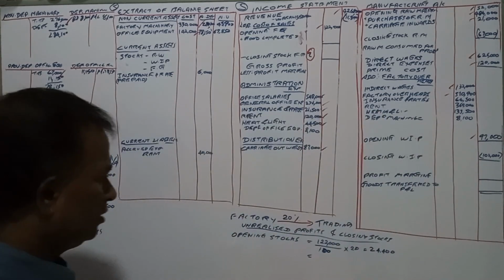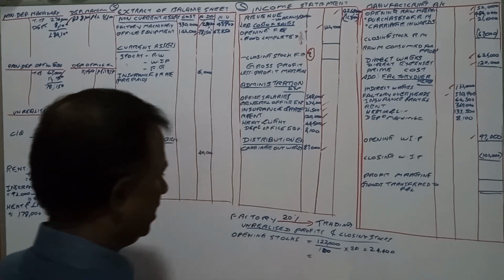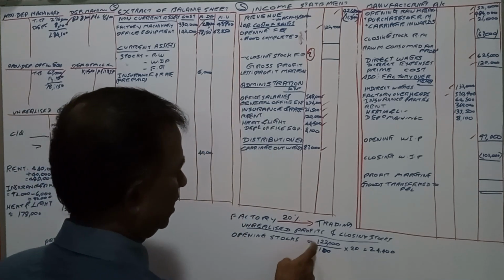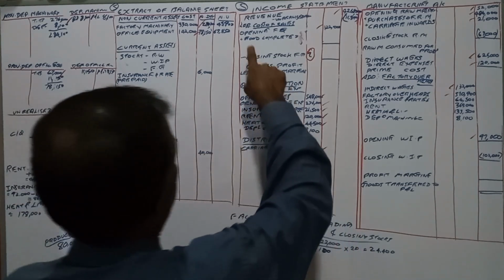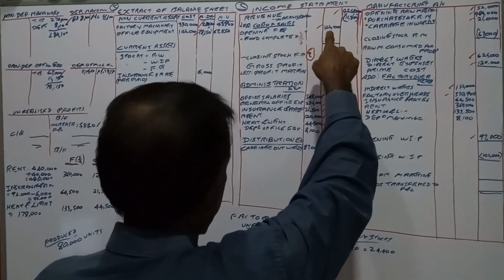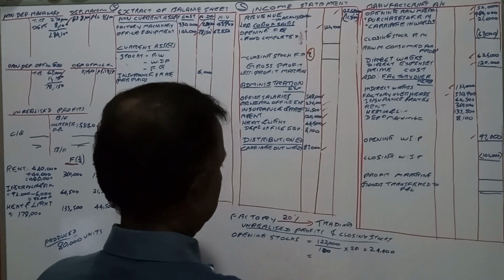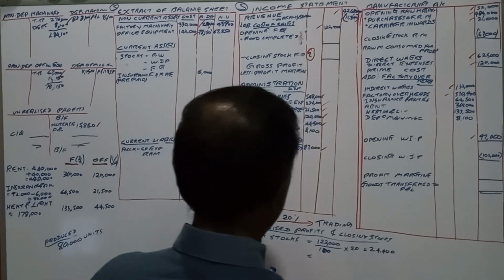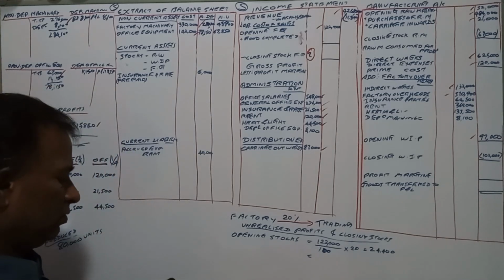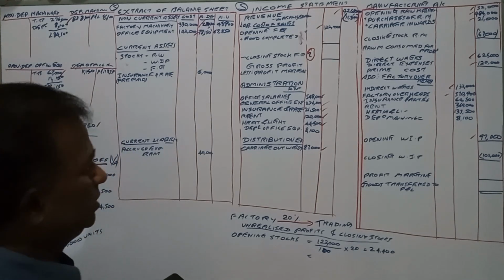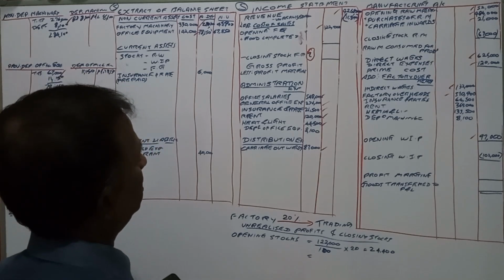Is the unrealized part. In this case, they have given the opening stock at the cost value. So for finished goods, we have mentioned 122,000. We have to take 122,000 plus profit margin, right?